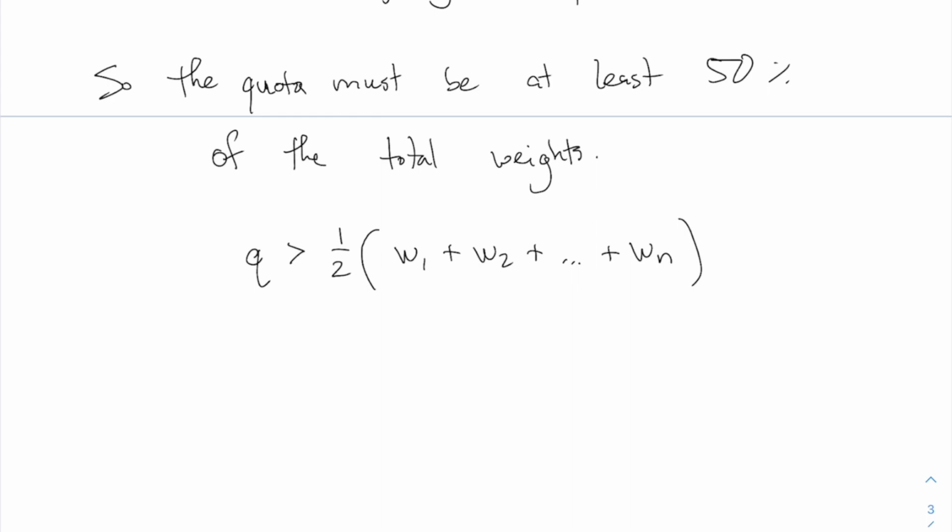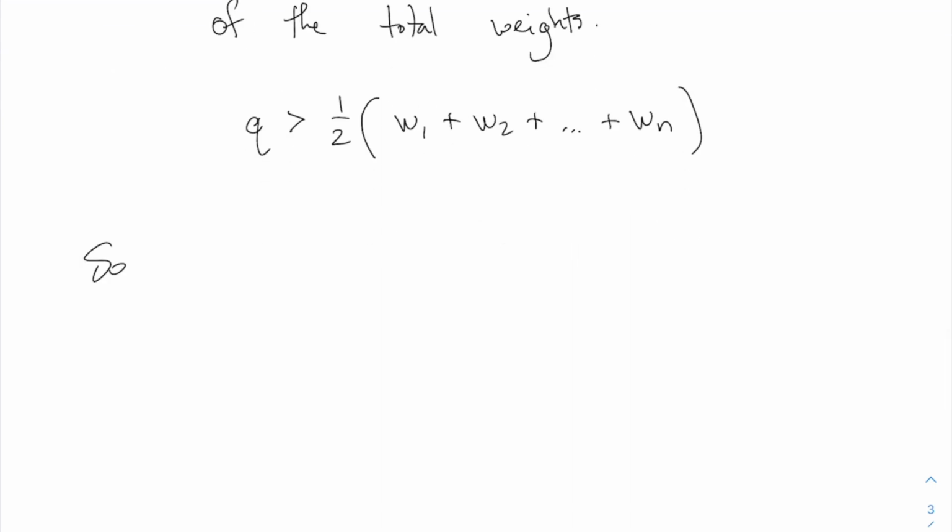So this is the other rule for what the quota can be. The first one said the quota is less than something or other, and this says the quota has to be bigger than something or other. So the quota really needs to be in between these two values. We could write them together if you like. So I'm going to write them both as less thans. How about this? This has to be less than Q, and Q also has to be less than or equal to this.